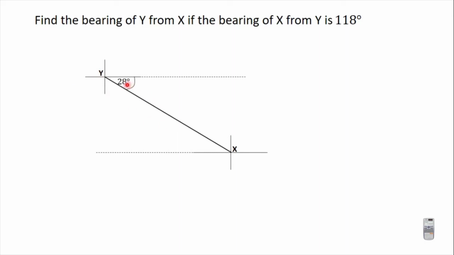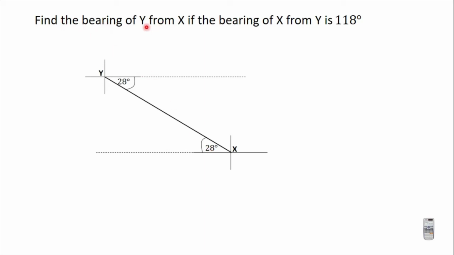So this angle here is 28 degrees. It is alternating with this angle here. So this angle here is also going to be 28 degrees. In the video on angle properties on parallel lines under plane geometry, I explained this property in detail. So if you watch that video too, you are going to understand why this angle here is 28 degrees.